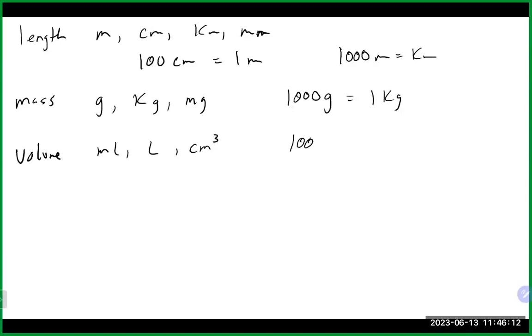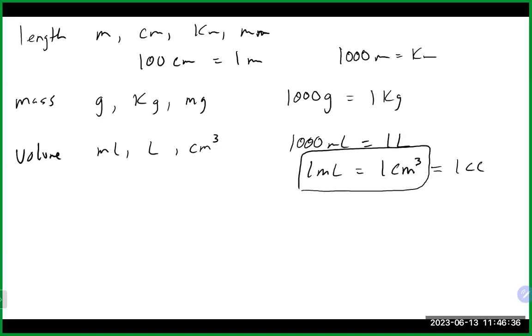There are 1,000 milliliters in 1 liter. A milliliter is the same as 1 cubic centimeter. And if you're in healthcare or watching a medical show, when they say give them 5 cc's, that is also a cubic centimeter. CC is sometimes used, but this is a relationship that is used a lot as well.